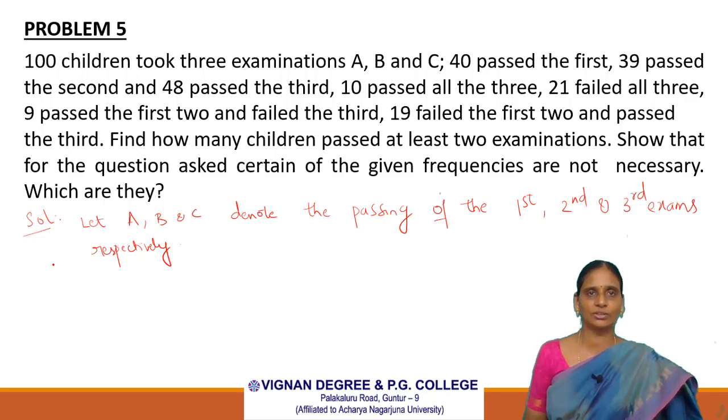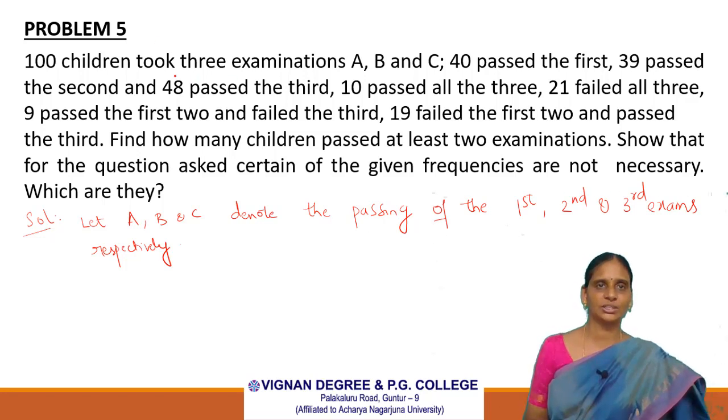Then we are writing the notations. Here, how many children took the 3 examinations? Those are 100 children. So that 100 is denoted by size of the population, that can be represented as capital N. So capital N is equal to 100 children.